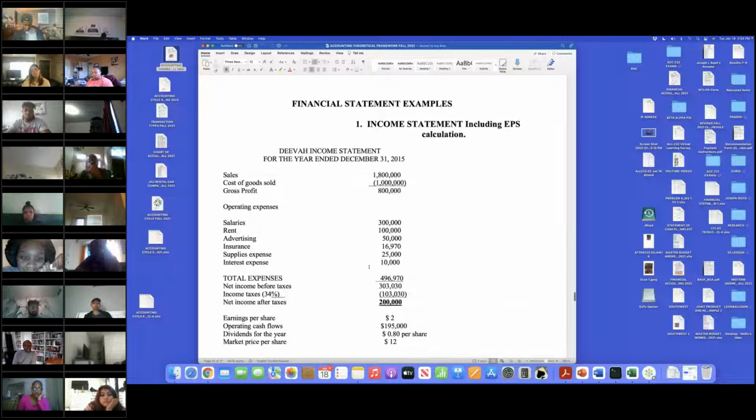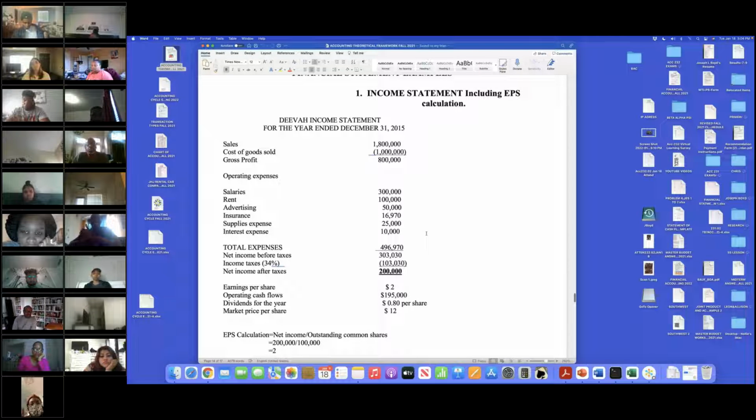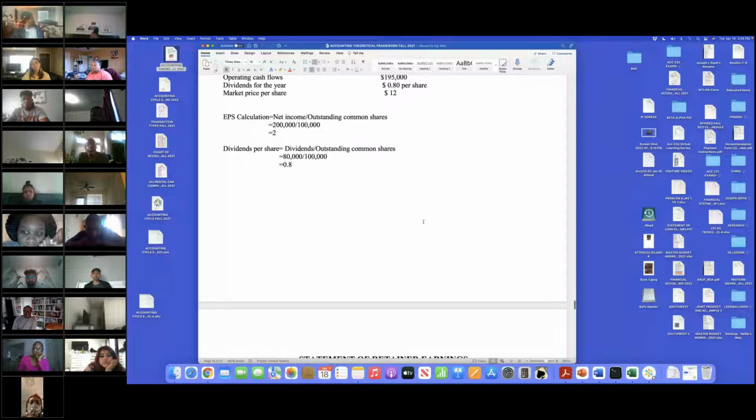Sales, that's cost of goods sold, gross profit, less operating expenses, net income, taxes, net income after taxes. This is what you're going to be able to prepare in about 4 or 5 weeks. You're also going to be able to do a statement of retained earnings, and prepare a balance sheet.